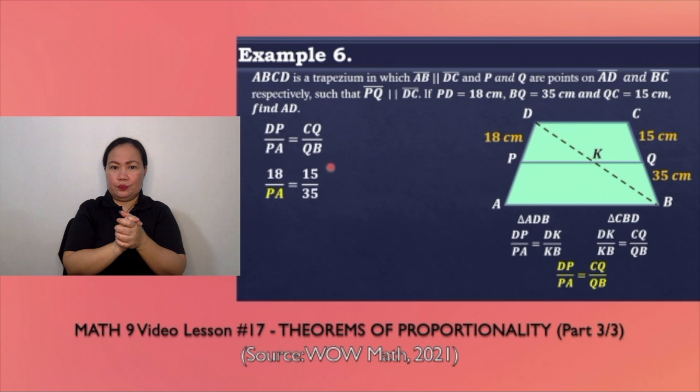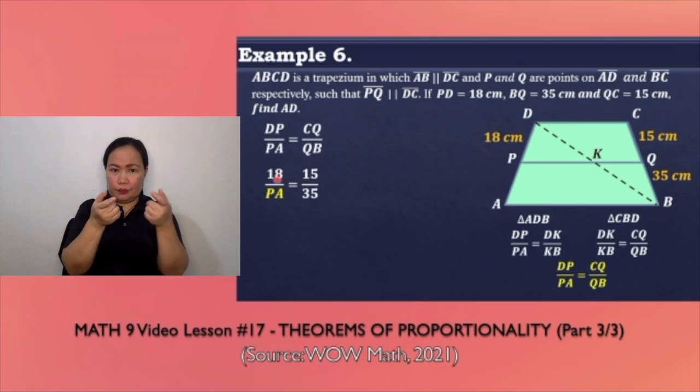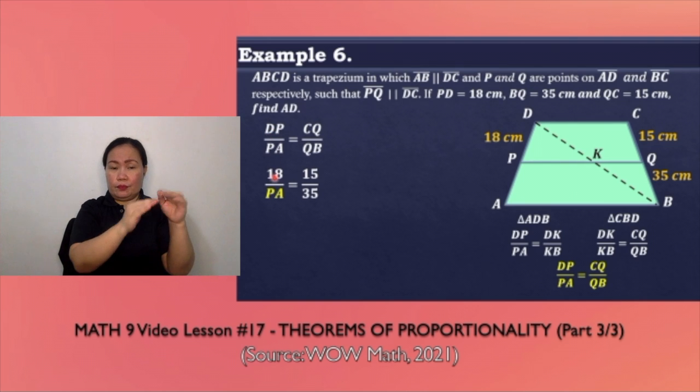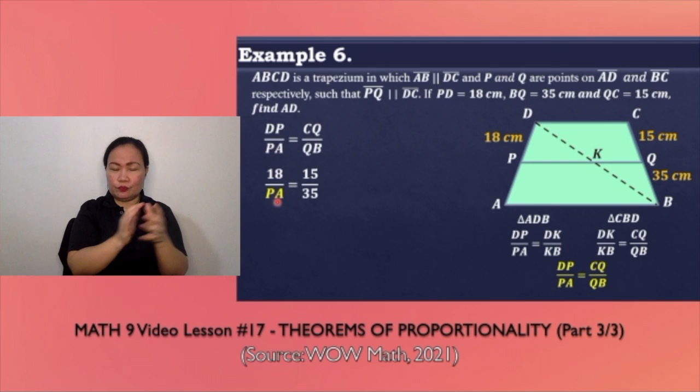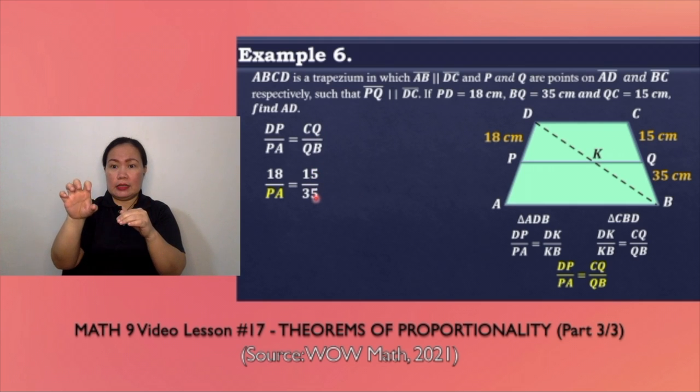Let us supply the given values. Your DP is 18. Your PA is what we need to find first, so that we can get AD. Your CQ is 15 and your QB is 35.